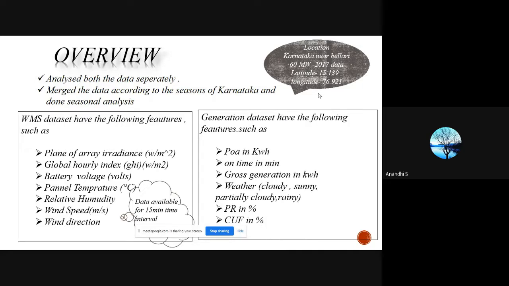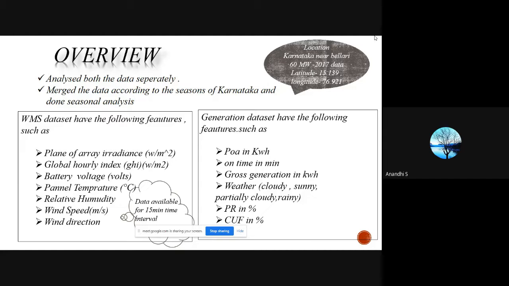Then the generation data. These are the data available in the generation data sets. POA in kilowatt hour, this is again plane of array irradiance in kilowatt hour. They have measured it for this generation data set also, so that we can compare it with the gross generation data set.